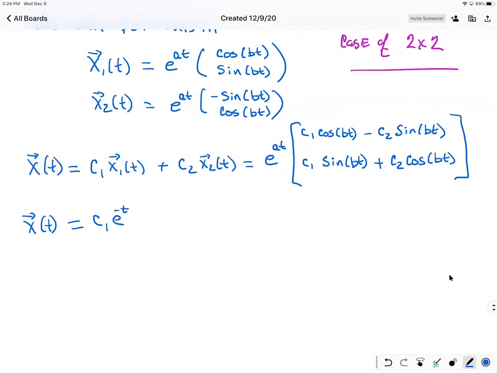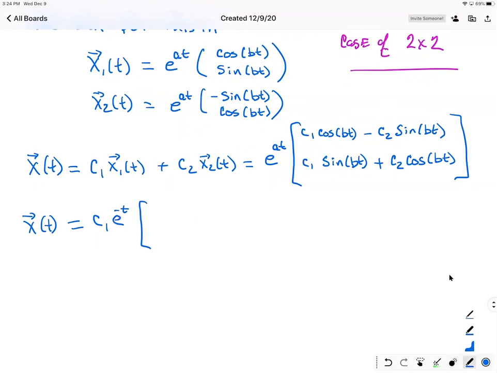And then we would have c1 times the cosine of b, which was 2, t. I don't need both c1s. Take this c1 out because I used the c1 already.